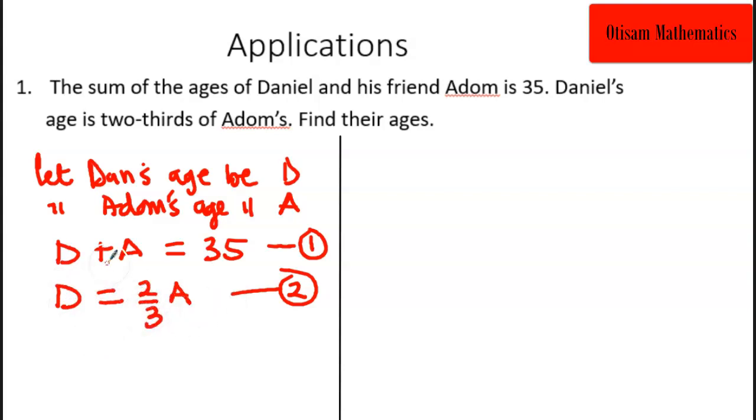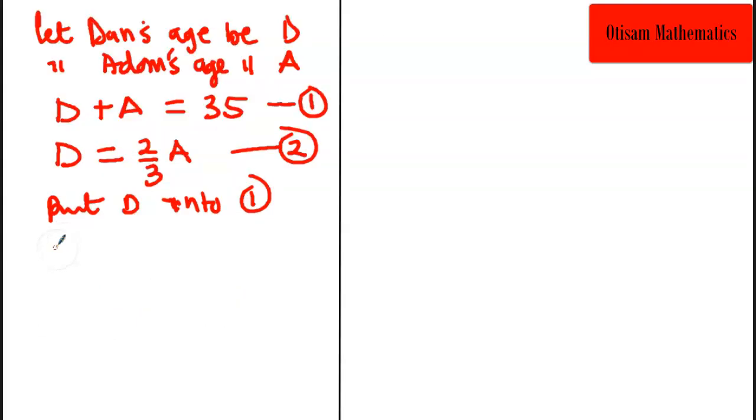So we just replace this in equation 1. So put D into 1. This implies that wherever you see D, put 2/3 there. So 2/3 of A plus A is equal to 35. This is a fraction, so let's clear it.